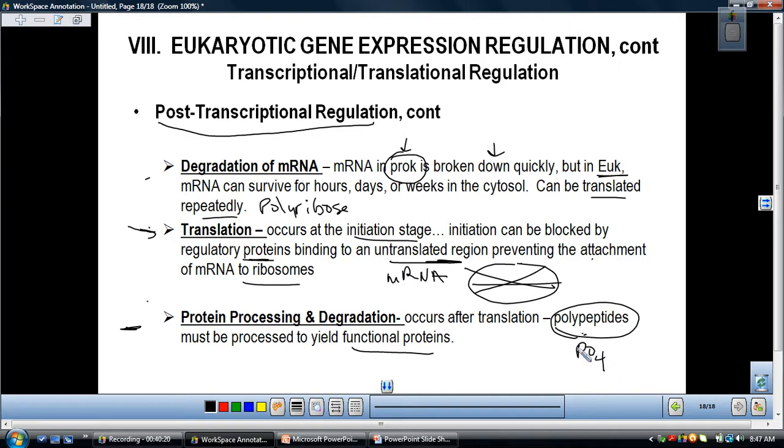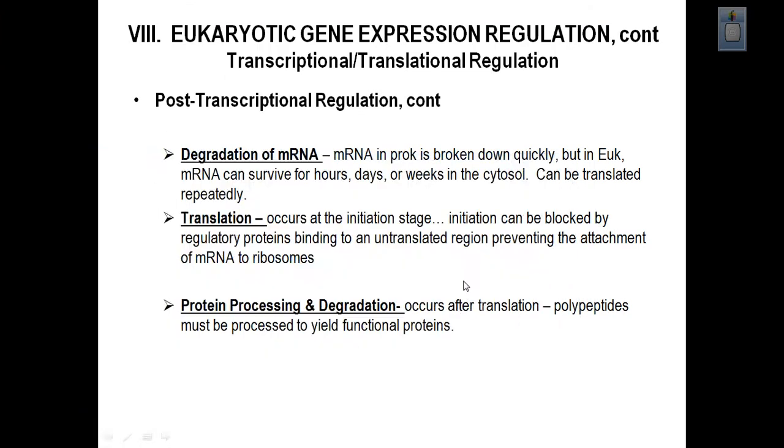Insulin actually has to be cleaved, so you'll have this polypeptide chain formed, and it actually has to be cut to form insulin. Some have to be transported to their target destination in order to function. So there's a lot of processing that has to occur to the polypeptide chain after it's produced to make sure that it's functional, not just the stuff that happens in the beginning stages.